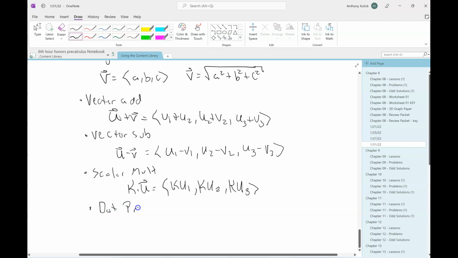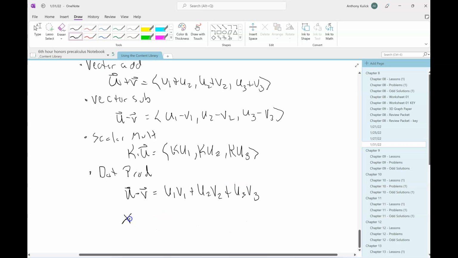Dot product works the same way. All our dot product properties that we talked about for 2 dimensions hold in 3 dimensions.